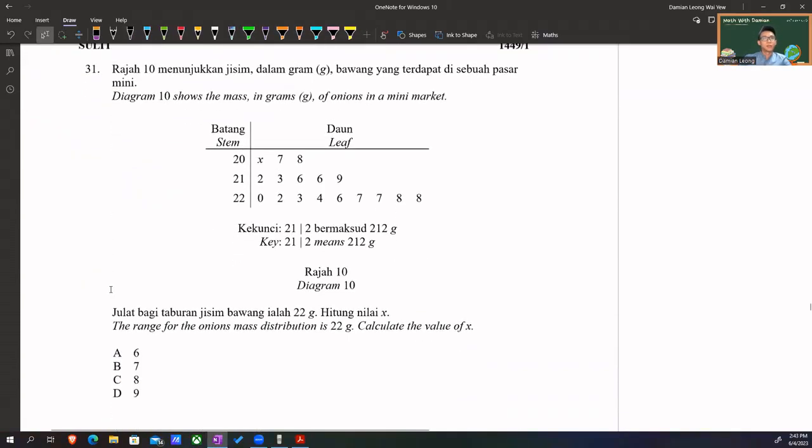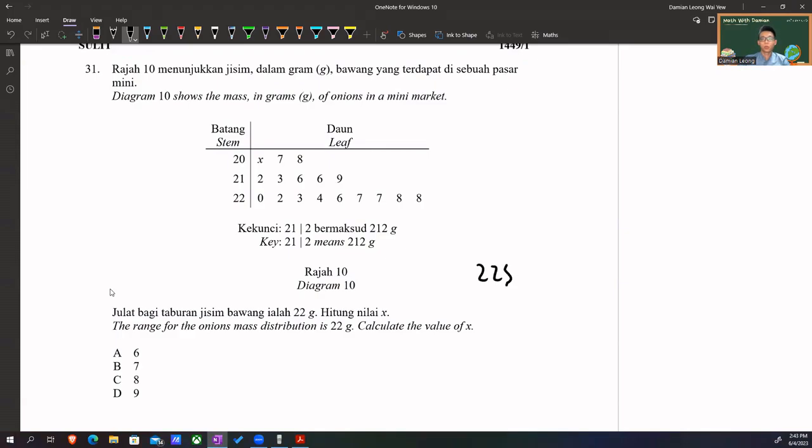Then question 31. Here I have the stem and leaf diagram. The range for the onions' mass distribution is 22 grams. Find the value of x. The range. So range means highest value minus lowest value.